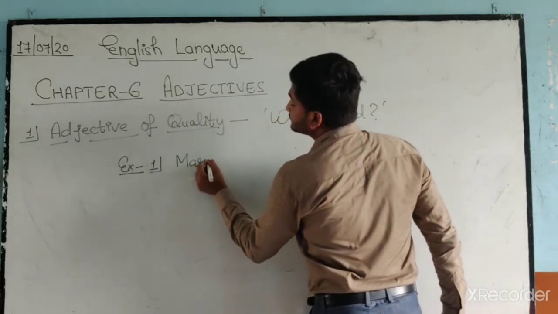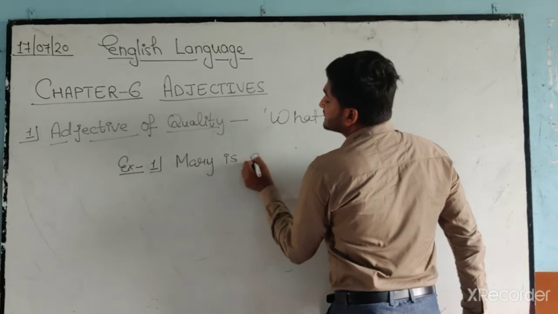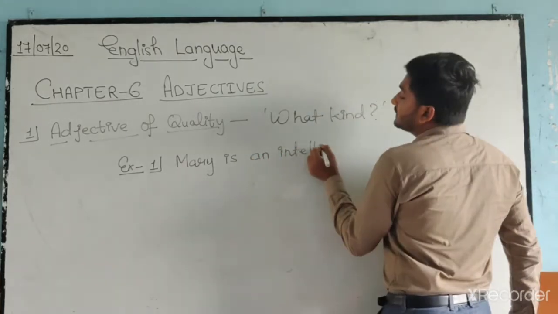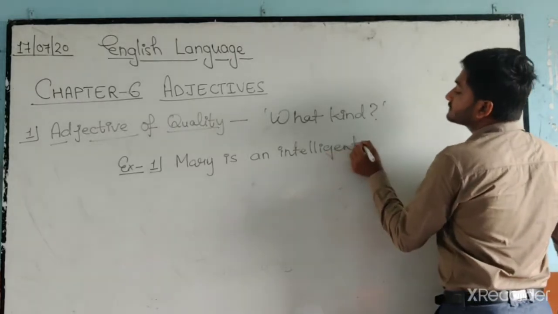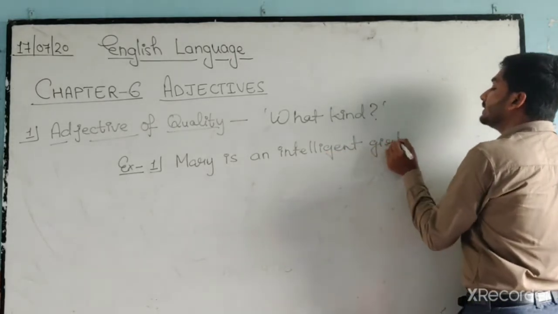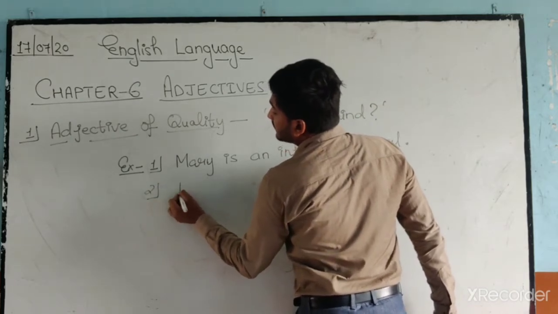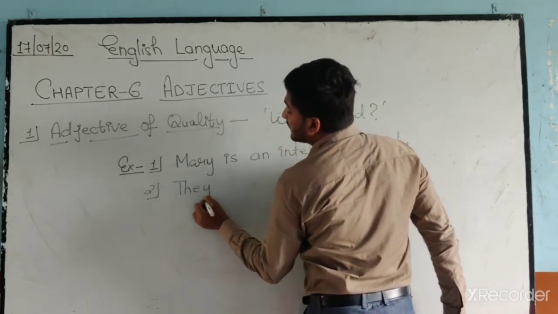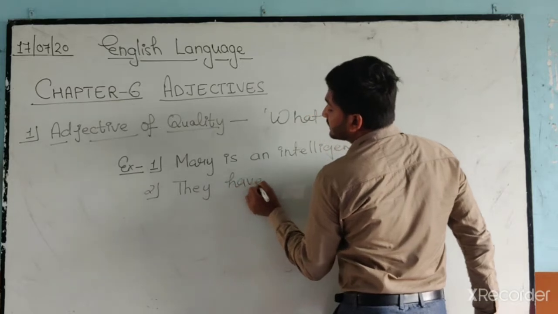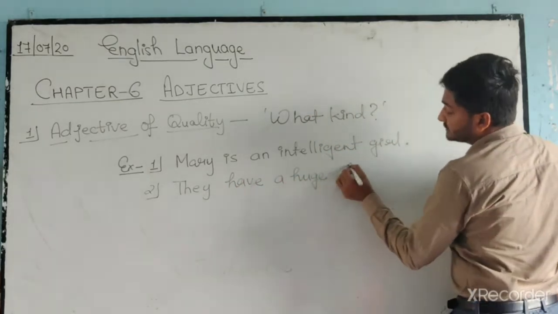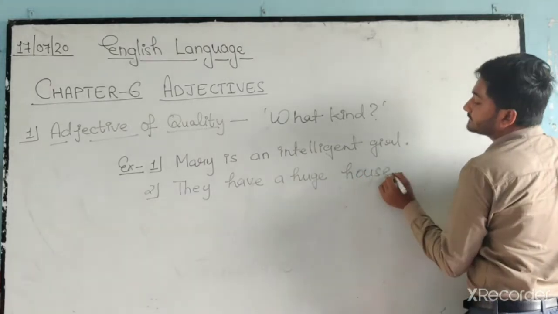Mary is an intelligent girl. They have a huge house.